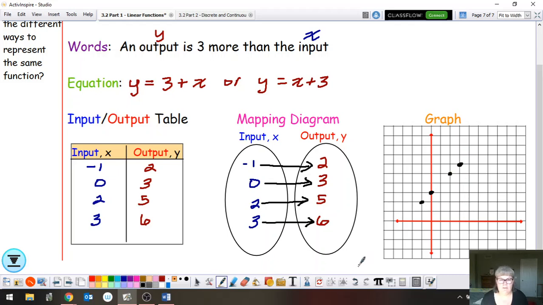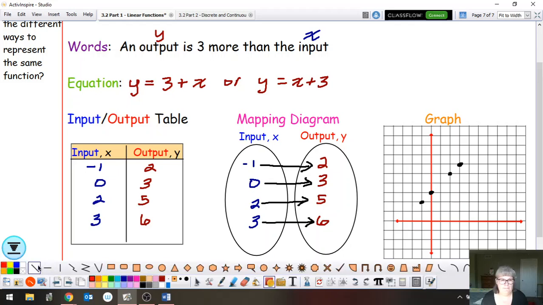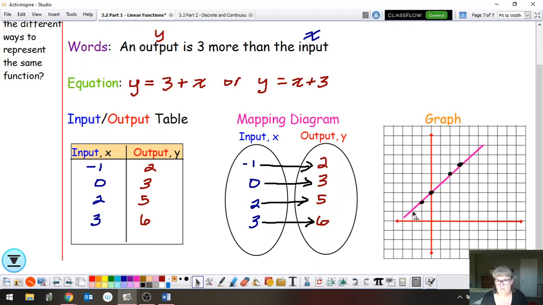And if I've done this well, I will be able to draw a line right through all of them. And because it's a line, I should put arrows on it.